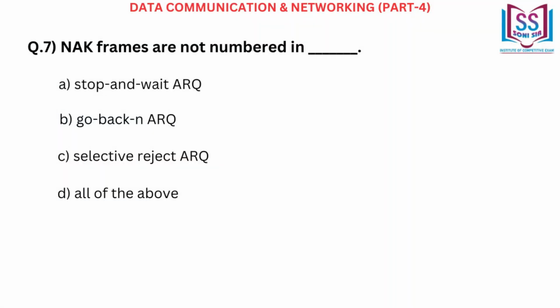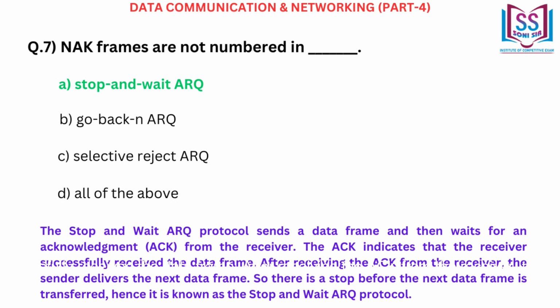NAK frames are not numbered in ___. A. Stop and wait ARQ. B. Go back N ARQ. C. Selective reject ARQ. D. All of the above. The stop and wait ARQ protocol sends a data frame and then waits for an acknowledgement from the receiver.